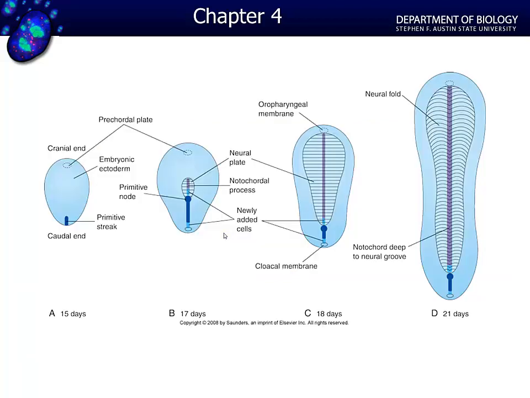Now, I want to show this image as well because as we talked about the regression of the primitive streak, you can also view that here as we look at neurulation. So as we form our neural folds, you can see how extensive the neuroectoderm is. Remember, possibly 50% of our ectoderm. But now you can see how less significant the primitive streak is just by 21 days.